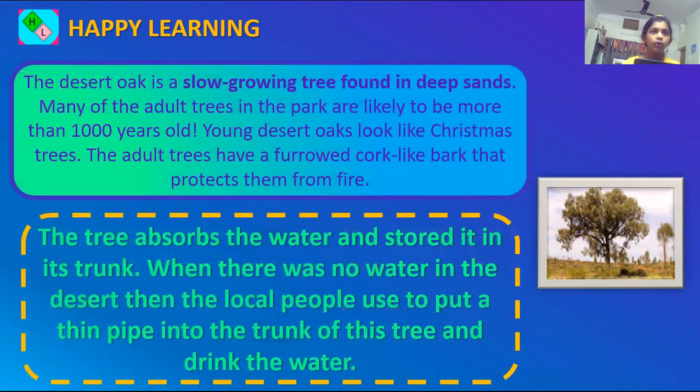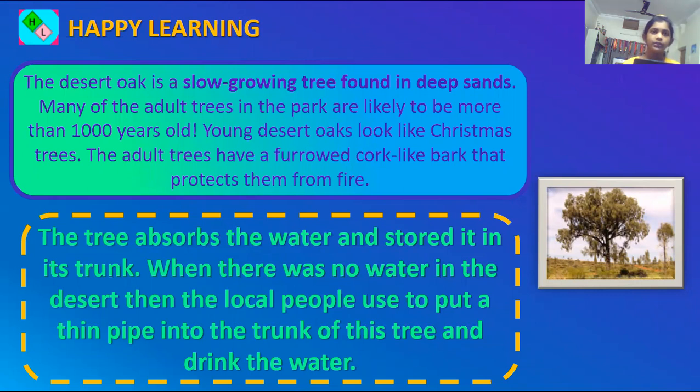The desert oak is a slow growing tree found in deep sands. Many of the adult trees in the park are likely to be more than 1,000 years old. Young desert oaks look like Christmas trees. The adults have a furrowed, stalk-like bark that protects them from fire.